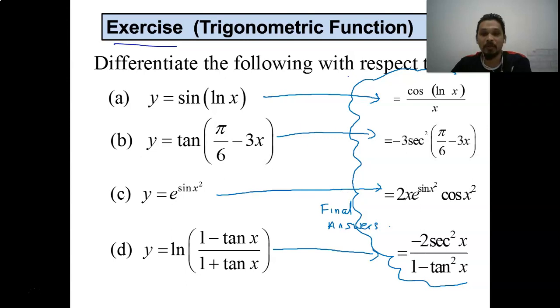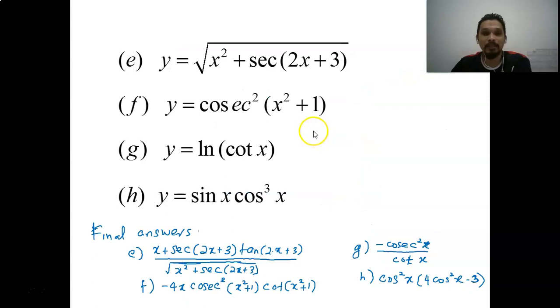Copy out the final answers and try by yourself. And also for the questions E, F, G, and H, and the final answers are all here. So try. Good luck.